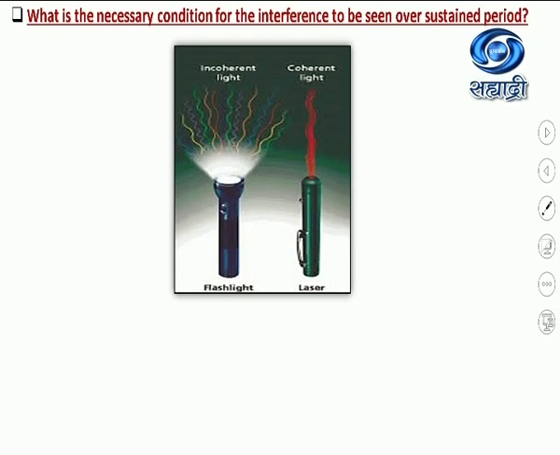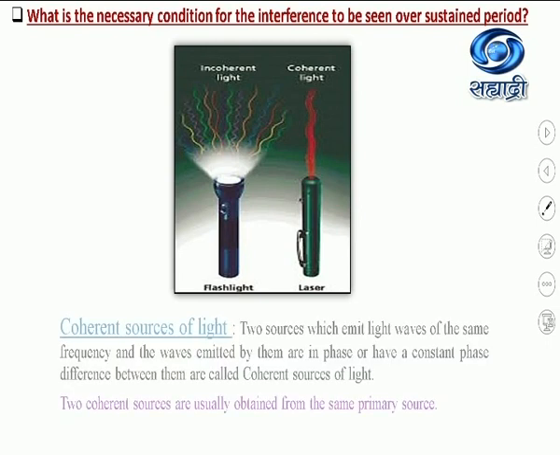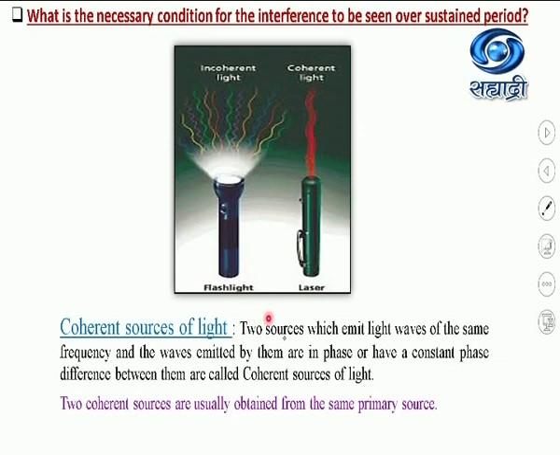Now let us understand the meaning of coherent sources of light. Two sources which emit light waves of the same frequency, and the waves emitted by them are in phase or have a constant phase difference between them, are called coherent sources of light.